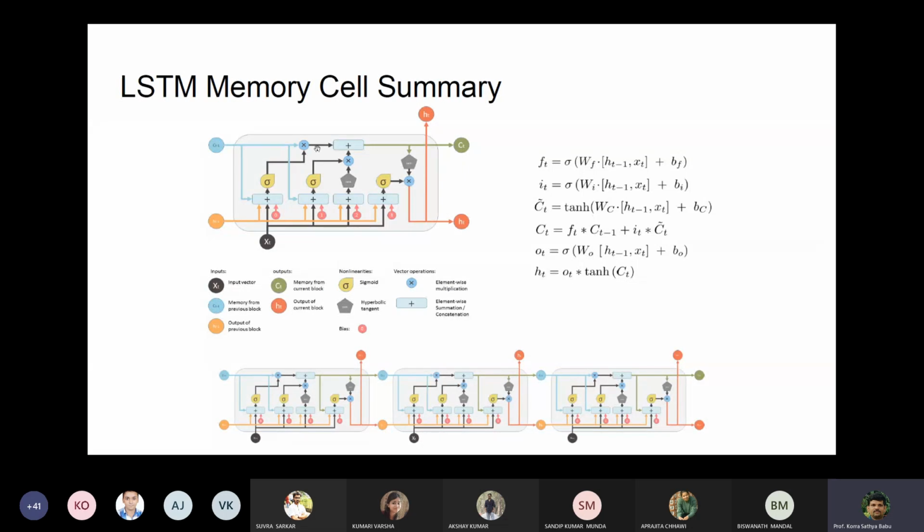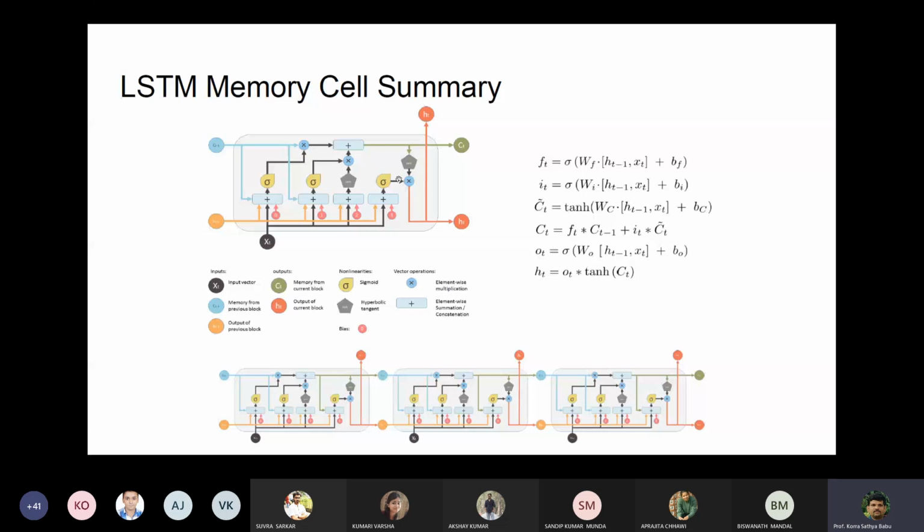Then at the output gate, h_{t-1} and x_t are multiplied with the output weight plus some output bias, and passed through a sigmoid layer, and you get O_t, the output at time t.